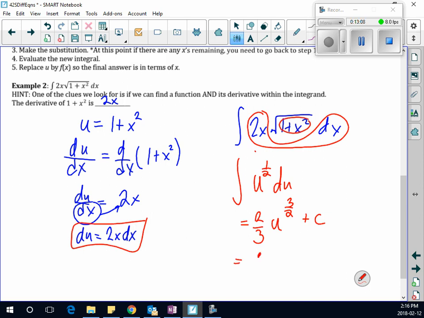So you get 2 over 3, 1 plus x squared to the power 3 over 2 plus c. And then we're done. What do you think? Easy? Okay, let's try the next one.